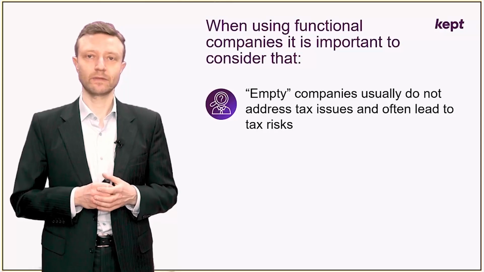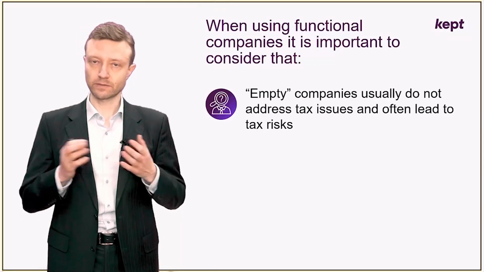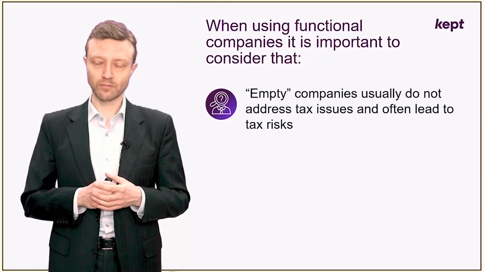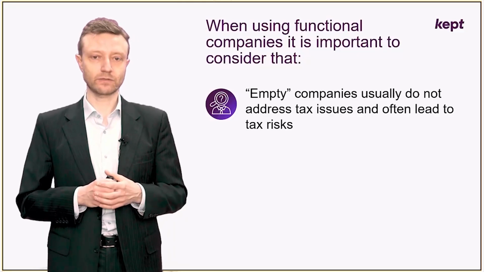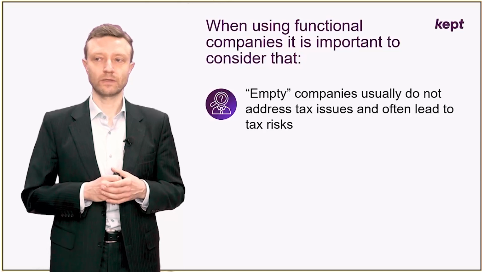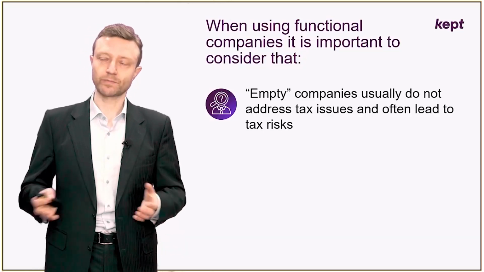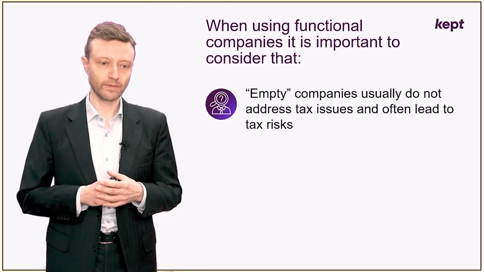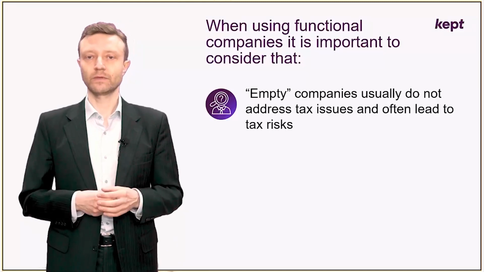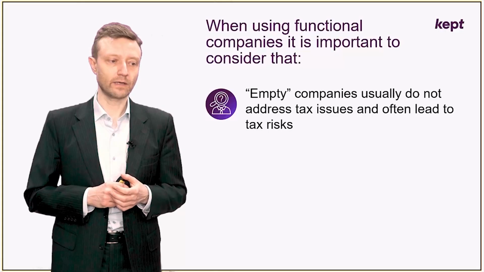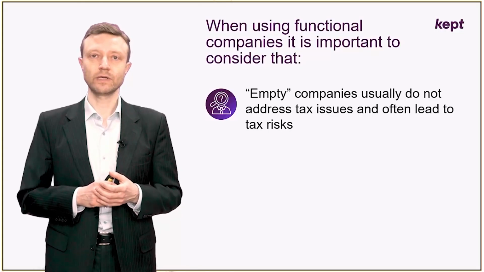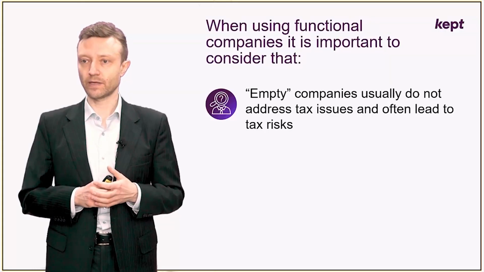Indeed, arm's length principles and current transfer pricing rules dictate that companies without significant people functions are hardly able, in intra-group transactions, to pretend to generate significant profits. So the time when empty companies were set up to achieve tax advantages is now over.